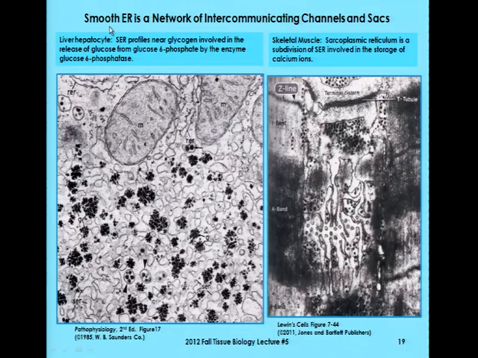Now, the smooth ER is a network of intercommunicating channels and sacs. In the liver hepatocytes, the smooth ER profiles are found near glycogen, and they are involved in the release of glucose from glucose 6-phosphate by an enzyme, glucose 6-phosphatase.